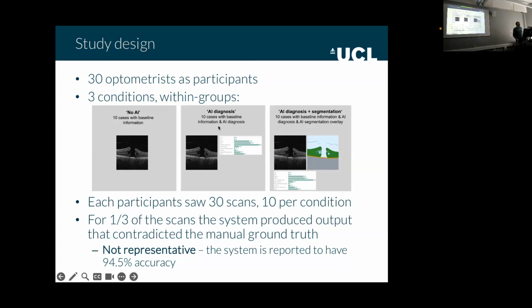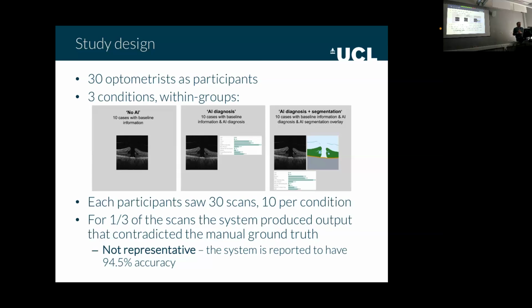In the second condition, they saw the scan plus the diagnosis only, so basically the information whether the AI model thinks that this scan corresponds to a disease or not. And in the third condition, they see the same plus the visualization, which is the annotation of the scan. So each participant saw 30 scans, 10 per condition. They were balanced and matched.